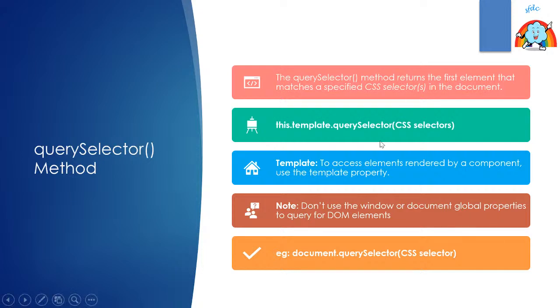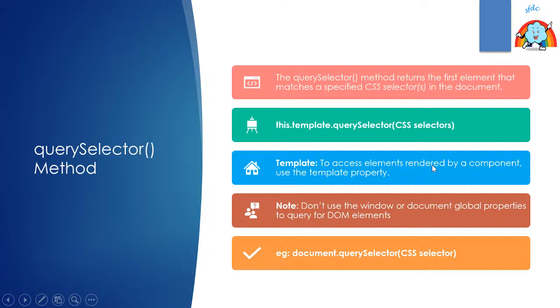This is how we write it: this dot template dot query selector and then the CSS selector. If it is a paragraph, we will use p; for H1, we will use H1. Like that we can select one, and how many paragraphs there are doesn't matter, it will select the first element.